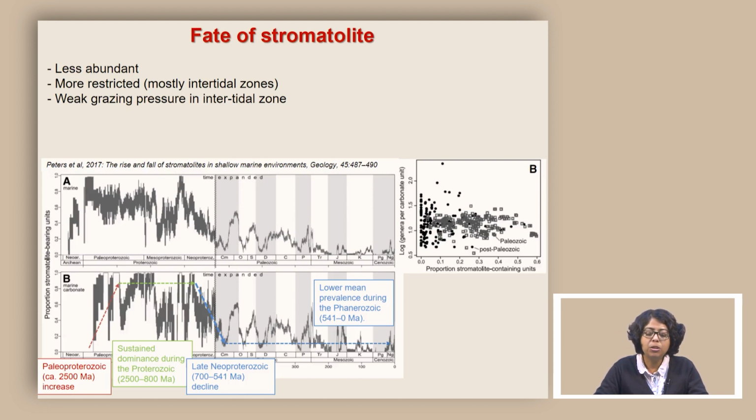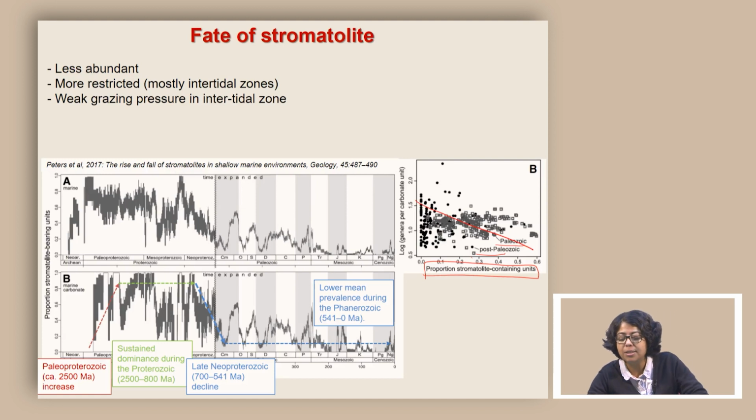So, if we plot all the stromatolites that we find in Cambrian and proportion of stromatolite bearing units throughout the Cambrian and afterwards, this is post Paleozoic and this is Paleozoic, but if we plot that along with how many groups we are finding in those rocks, we are going to find a negative correlation.